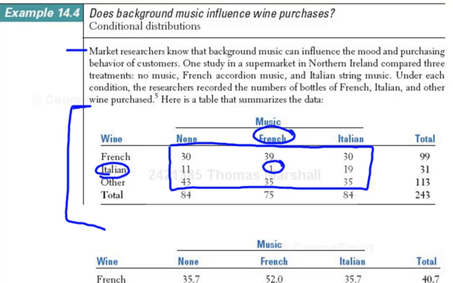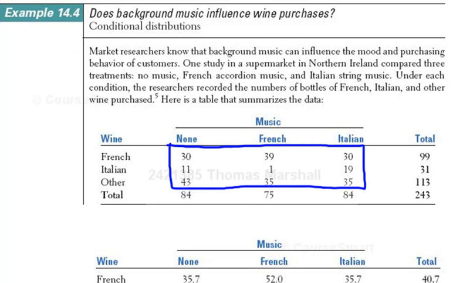So read this example. We're comparing, is there a difference in how many bottles of wine from different countries are sold based on what music is playing in the store at the time? So I do digress. This is a two-way table, and these are column totals. These are row totals. And we said that marginal distributions are when we take a column total and divide it by the grand total.